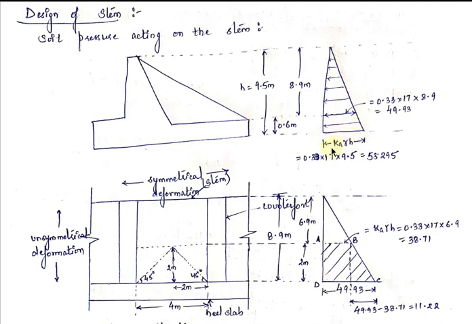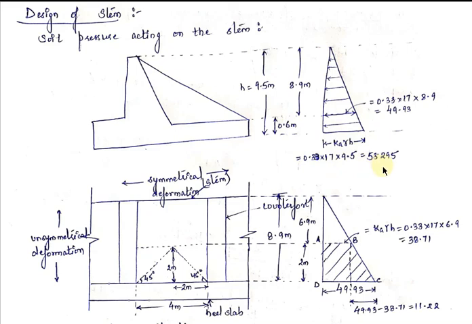At the base the value will be Ka gamma h, where Ka is the coefficient of active earth pressure, gamma is the unit weight of soil, and h is the total height of the retaining wall.